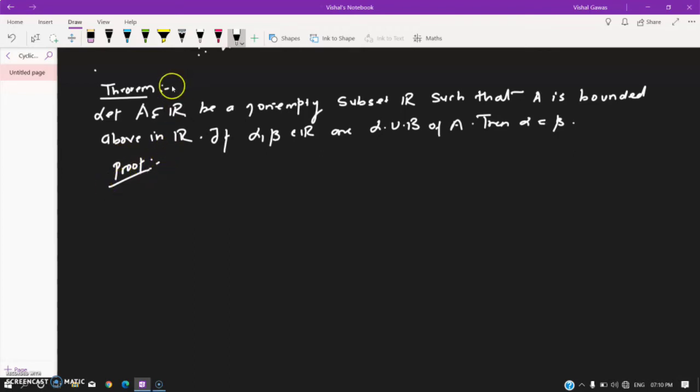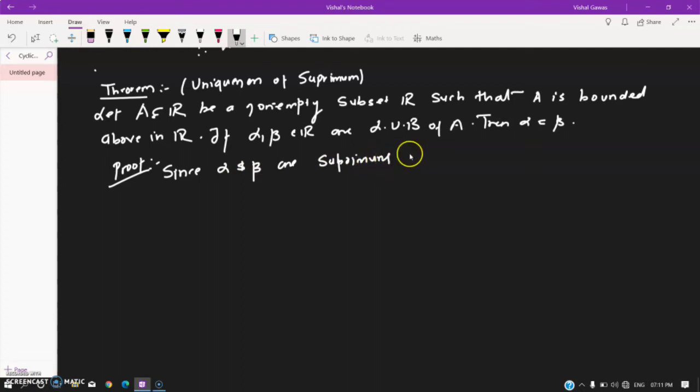So let's look at this one. Let me name this as uniqueness of supremum. All right. Since alpha and beta are suprema of A, this implies, first of all, that alpha and beta are upper bounds.